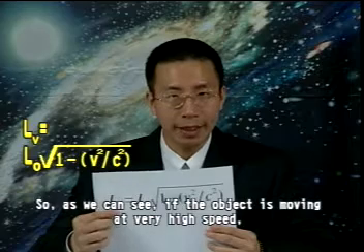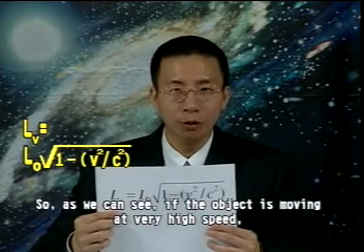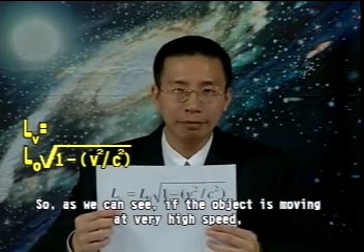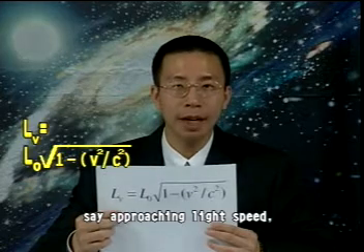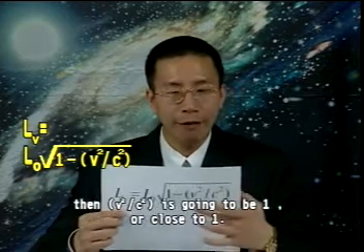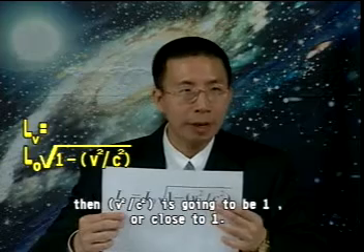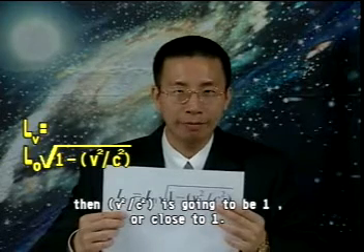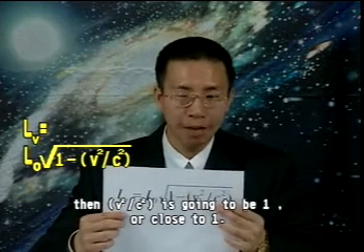So as we can see, if the object is moving at very high speed, say approaching the light speed, then V squared divided by C squared is going to be 1 or close to 1.